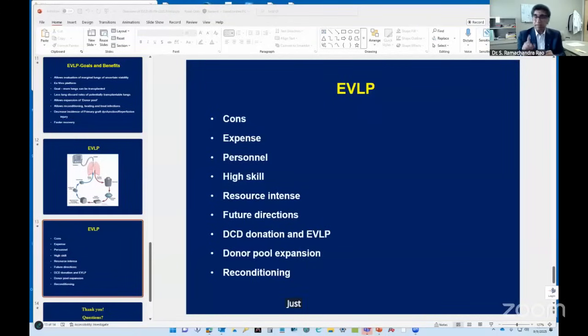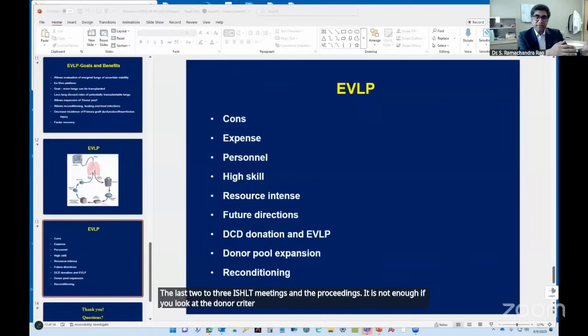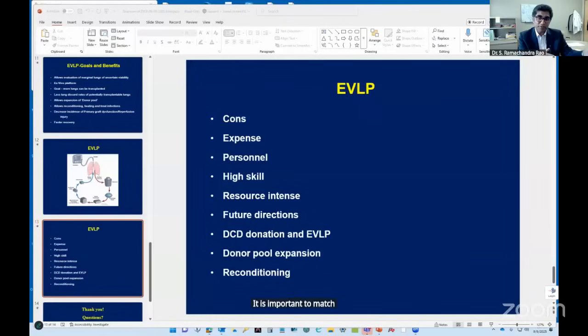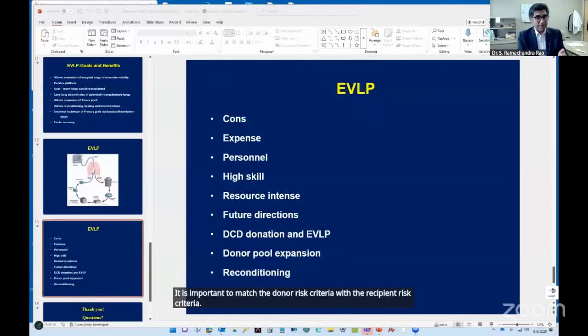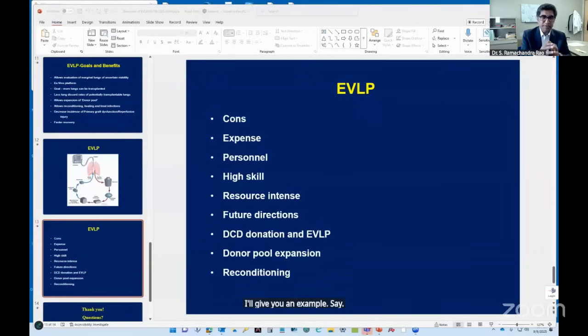This is the new thing you probably heard from the last 2 to 3 ISHLT meetings and proceedings. It is not enough to look at the donor criteria. It is important to match the donor risk criteria with the recipient risk criteria. I'll give you an example. Say the recipient has severe pulmonary hypertension.